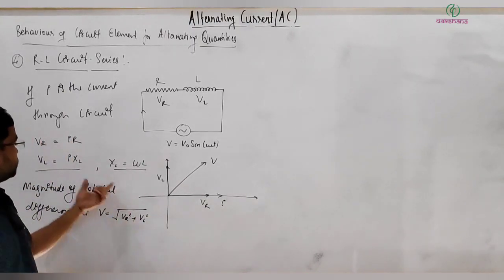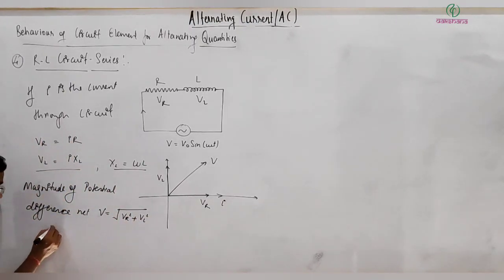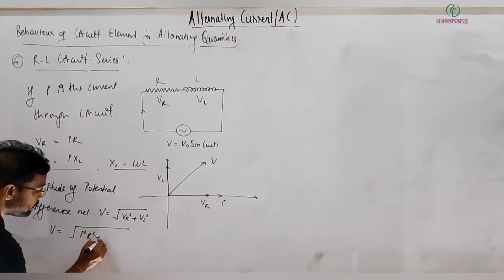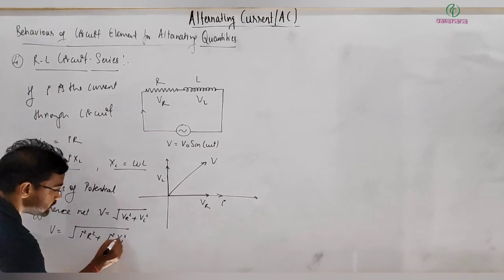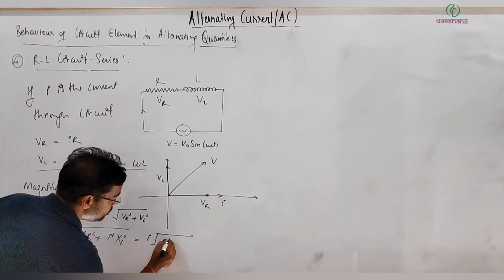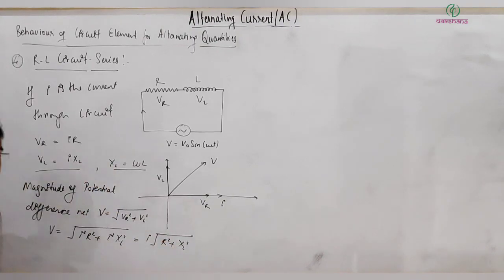Clear? Now if I substitute these values here, then I will get V is equal to under root I square R square plus I square XL square, and this comes out to be I times under root R square plus XL square.